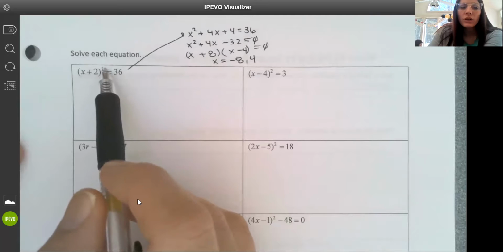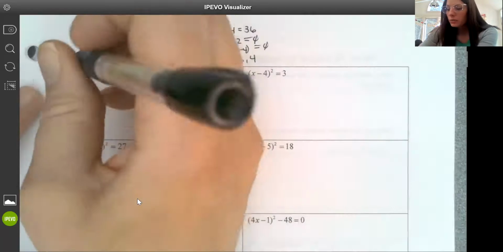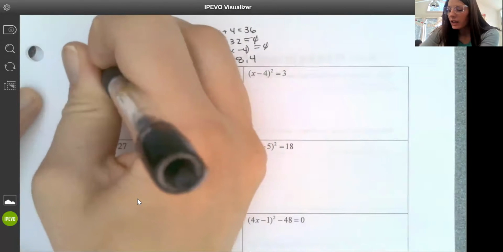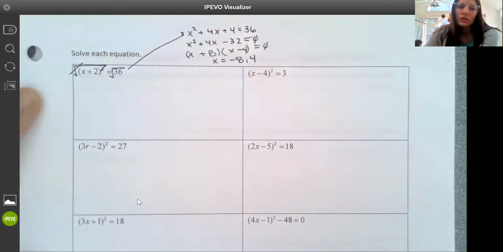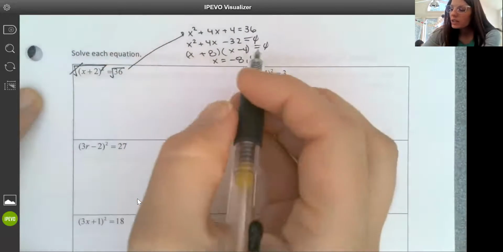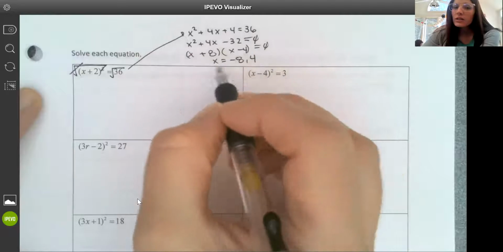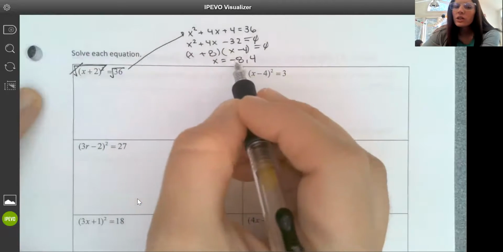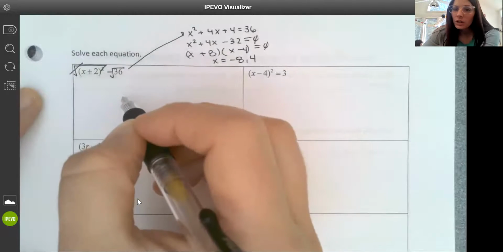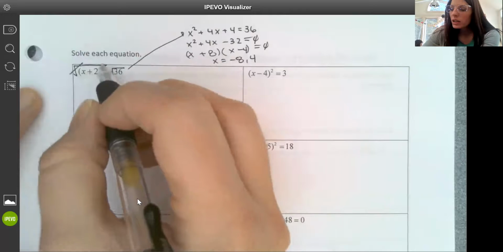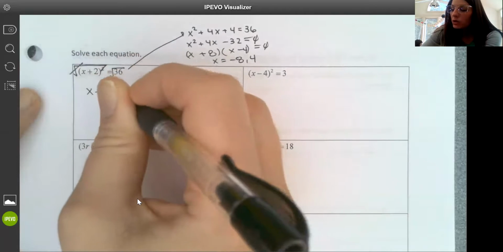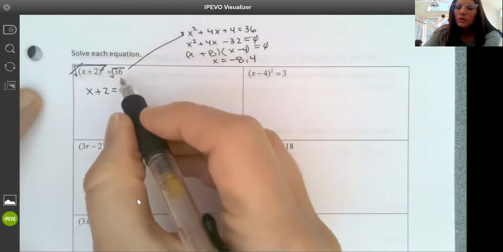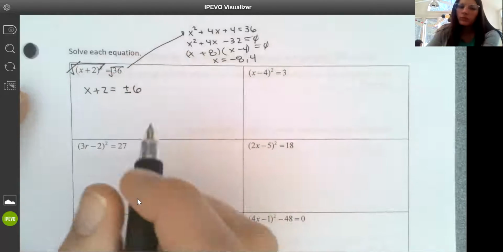From here, if I want to get rid of the fact that this parentheses is squared, I can take the square root of both sides, inverse operations, right? It gets rid of it. So instead of solving this way, here's another way we could have solved this quadratic. Take the square root of both sides, gives me x plus 2 equals plus or minus the square root of 36, which is 6.